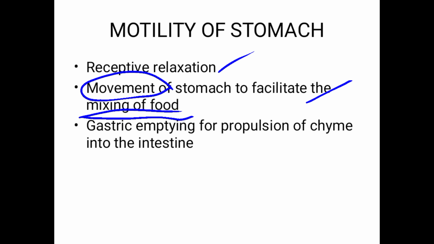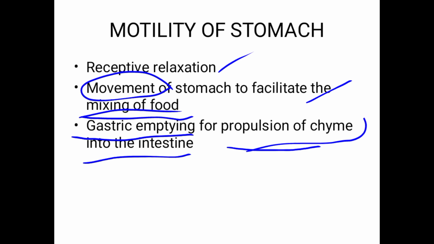Sometimes you feel your stomach contract, so contraction-like movement you can see in your stomach, right? So that is for mixing of food. And the last one is gastric emptying. Emptying means to vacate, so the digested food empties into the duodenum, for propulsion of chyme into the intestine.